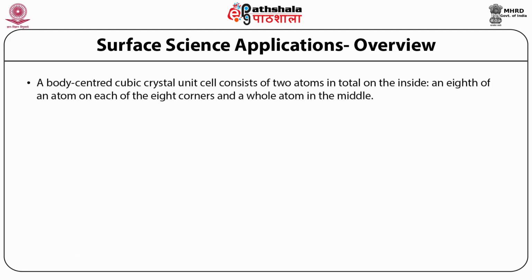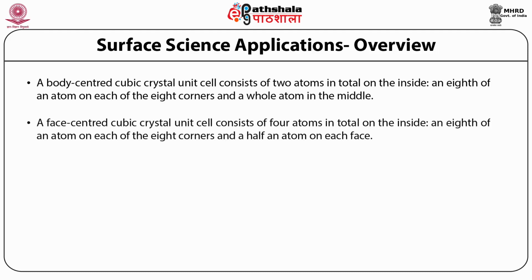A body-centered cubic unit cell consists of two atoms in total: 1/8 of an atom on each of the 8 corners and a whole atom in the middle. Within the bulk, each atom has 8 nearest neighbors.